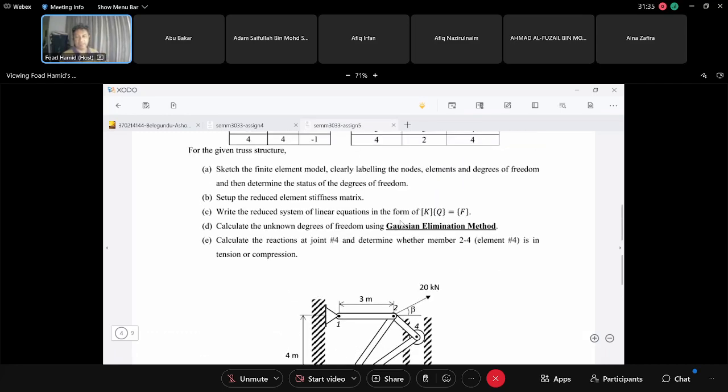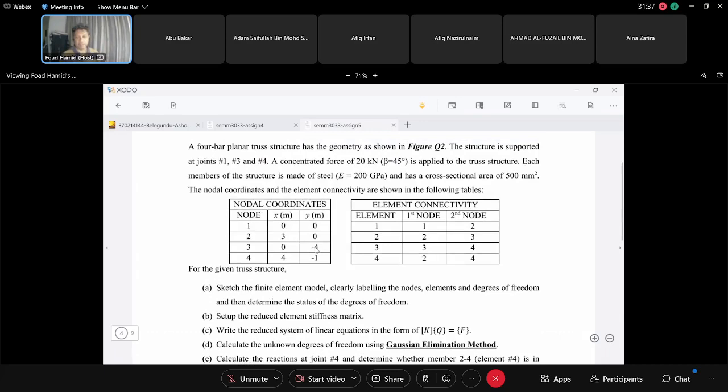And the other thing is the element connectivity table. I think the question will be given with the element connectivity table, which means you need to follow the element connectivity table given in the question. If you do your own element connectivity table, you get penalized.